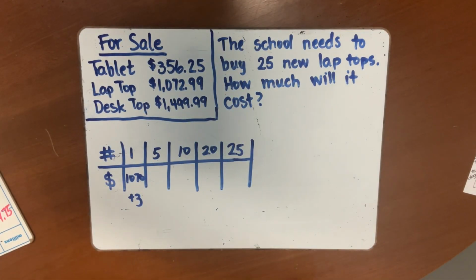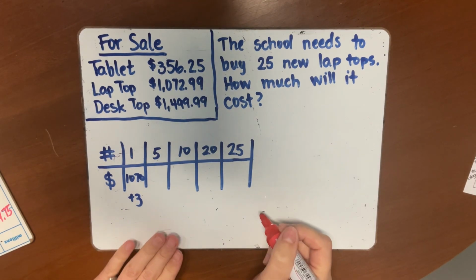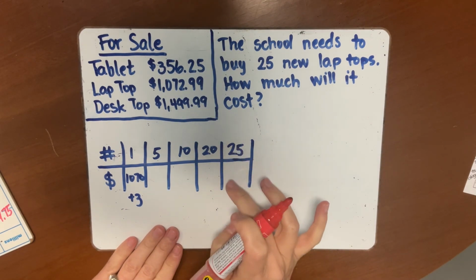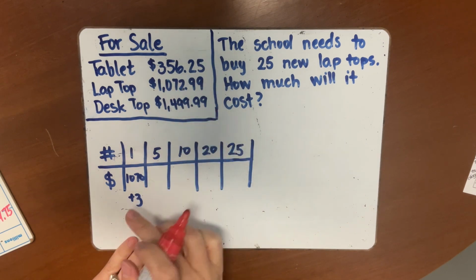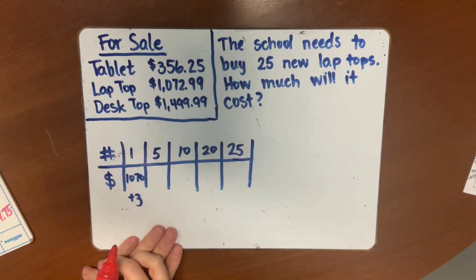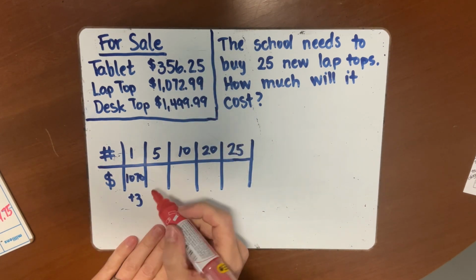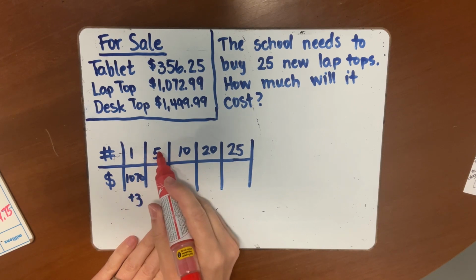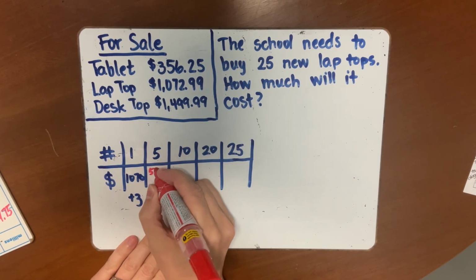Okay, let's do some thinking together and see if you did similar thinking or did it a little differently. I want to get to 25 laptops at this amount, but I'm kind of using simpler numbers for myself. So I'm going to first think, 1,000 times 5, well, that's 5,000.